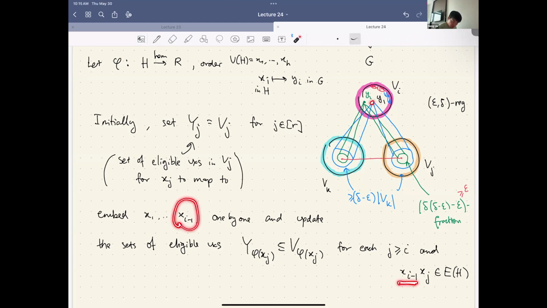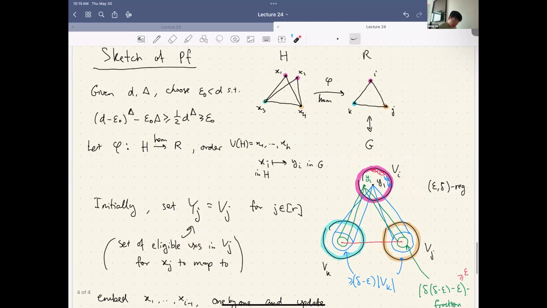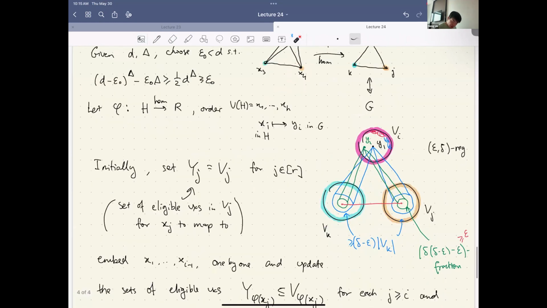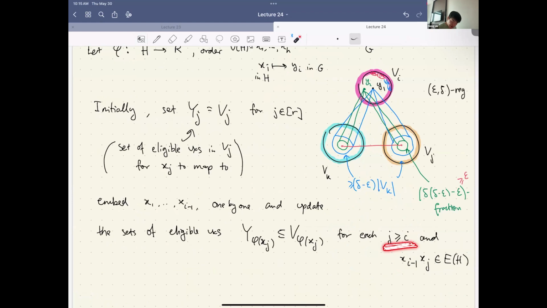So here I embed the X1 vertex, y1. Then you need to look at all the indices after X1 that are adjacent to X1. So we skip X2 and look at X3 and X4. You look at all the indices after i-1 that are adjacent to this last vertex we embedded. For all these ones, you need to do the updating. You need to zoom in. How to update it?